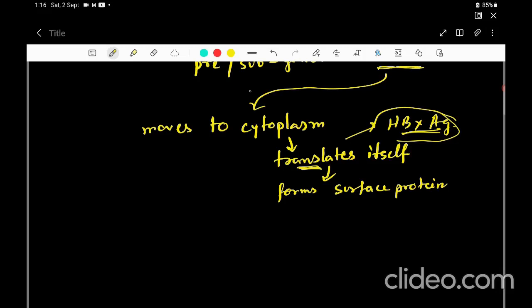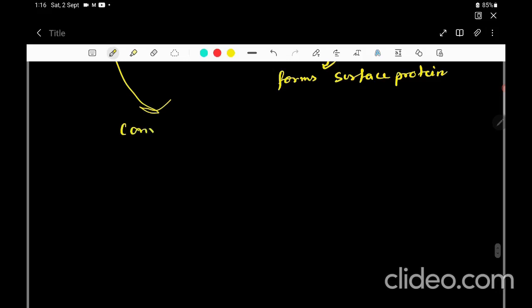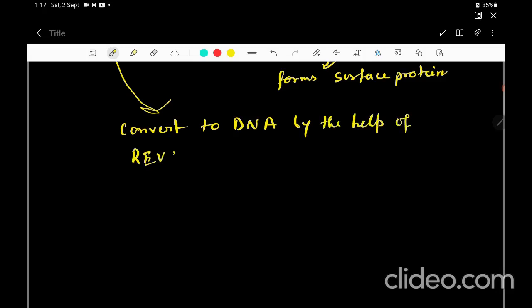Apart from that, this mRNA converts to DNA also with the help of reverse transcriptase enzyme.